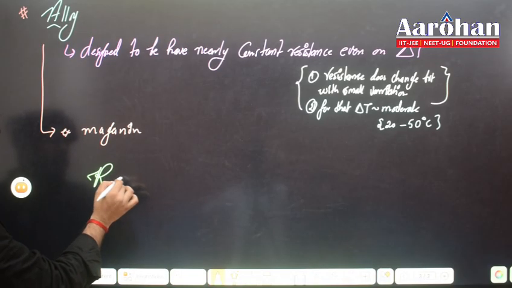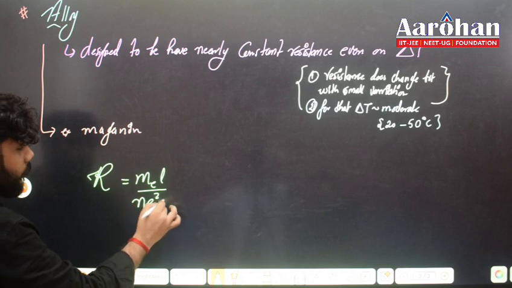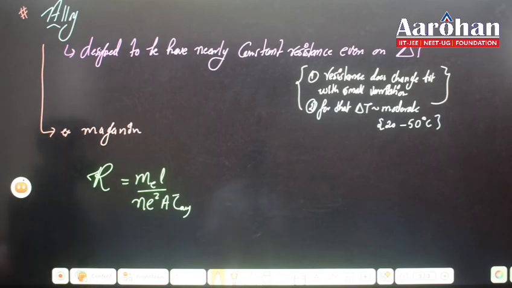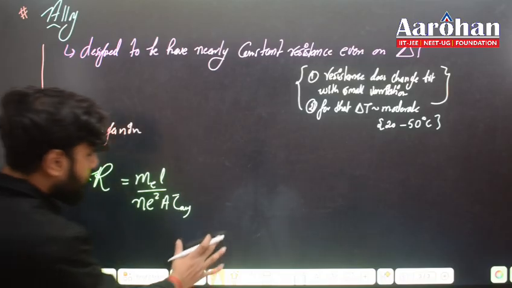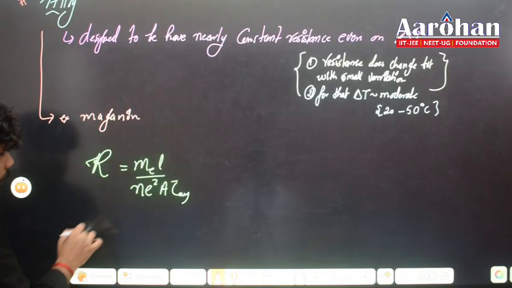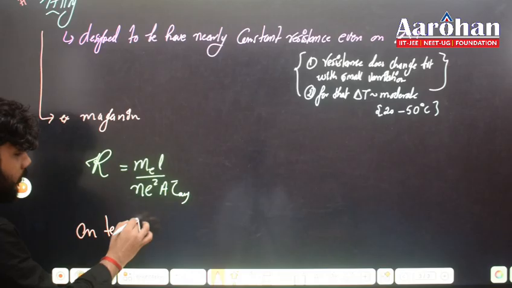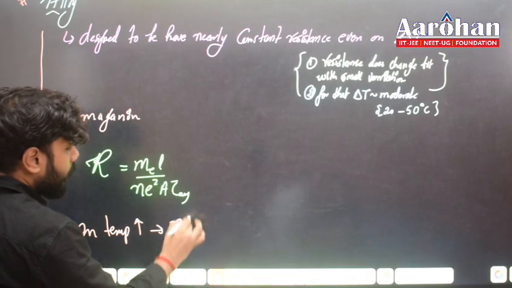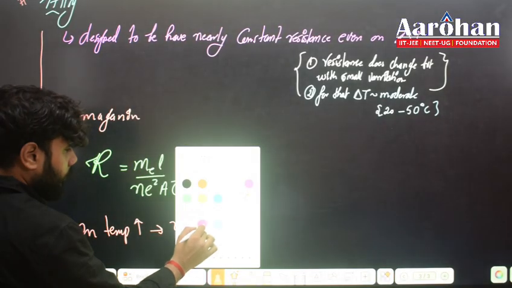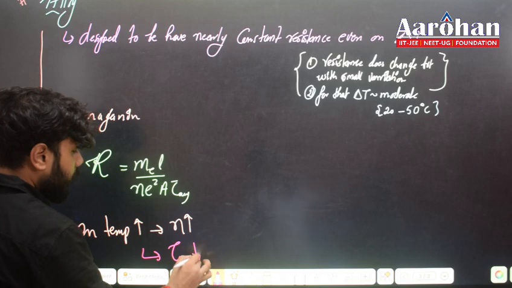So if you look at the resistance formula, for the resistance to be nearly constant, n and tau should cancel out each other's effect. We can see that on increasing temperature, we know n increases and tau average decreases.